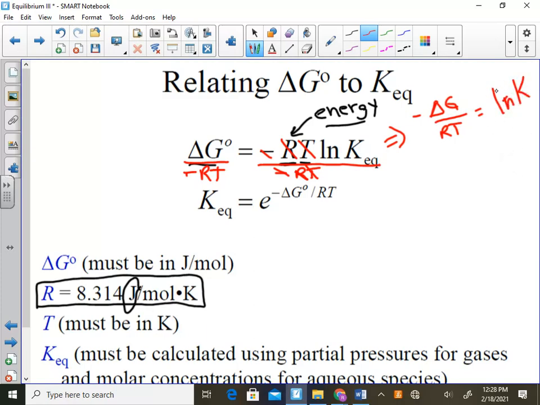Now, we don't want it in terms of natural log of K, we want it in terms of just K. And in order to get rid of this natural log, we need to do the opposite. The opposite of taking the natural log is e to the power of.